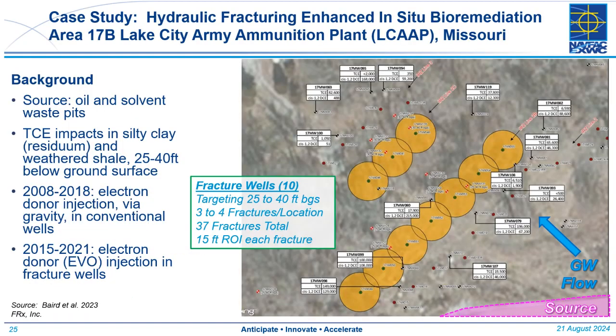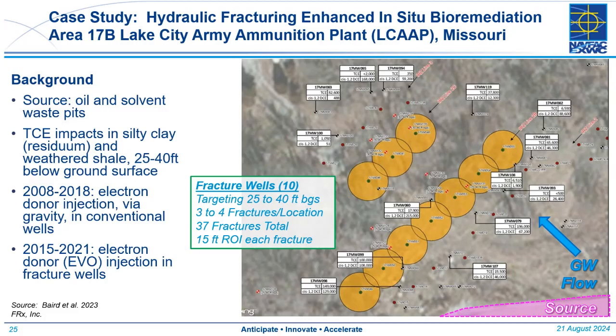So this case study at Lake City Army Ammunition Plant, where enhanced fracturing was used for in situ bioremediation, illustrates some of the benefits of fracturing. This is a site where there was a former oil and solvent waste pit. There was TCE in silty clay, a sort of residuum, weathered shale, 25 to 40 feet below ground surface.